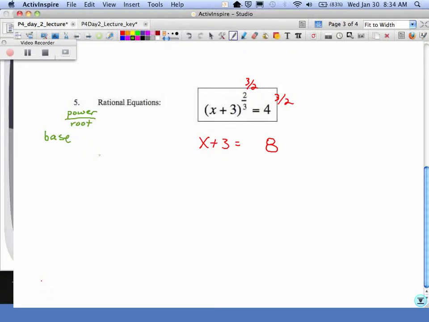Square it. So if there's an even power there, and we take the even root, what do we do? Plus or minus.